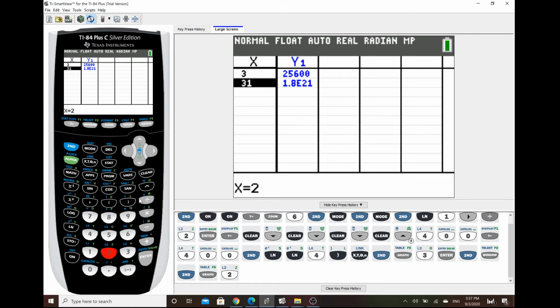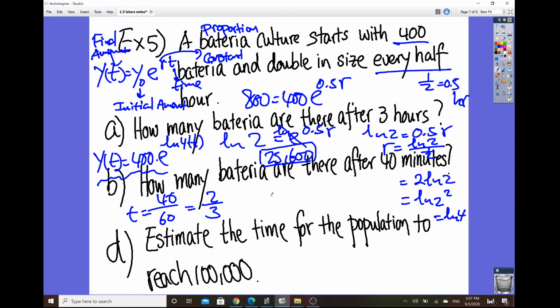Again, second table or second graph, and for the x value, you want to put in 2 divided by 3. And now it will give you the new value for y, which is 1007.9. So when t equals 2/3, the bacteria is 1007.9.